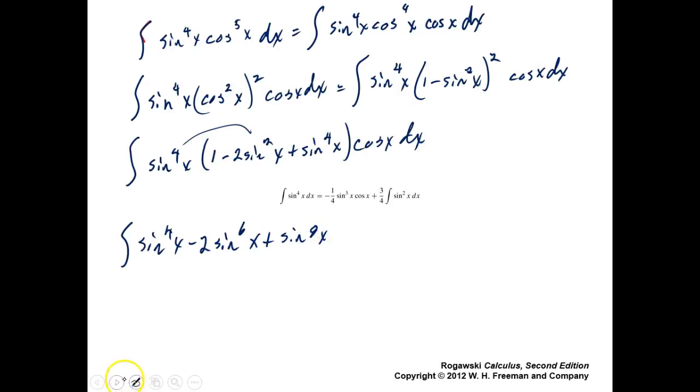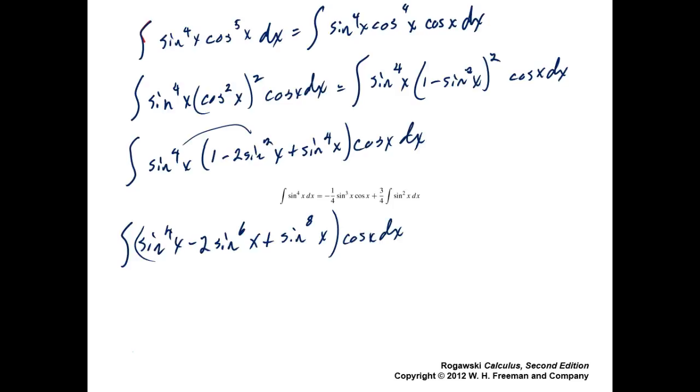Now, my exponent doesn't look very exponential, does it? So let me raise that a little bit. Okay? And all that times cosine x dx. Now, what would you suggest doing now?